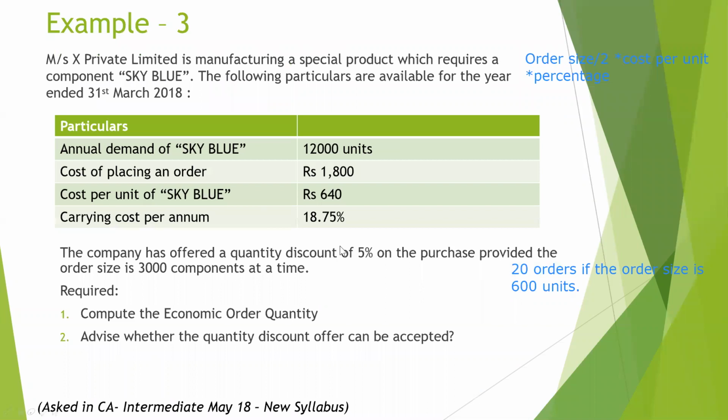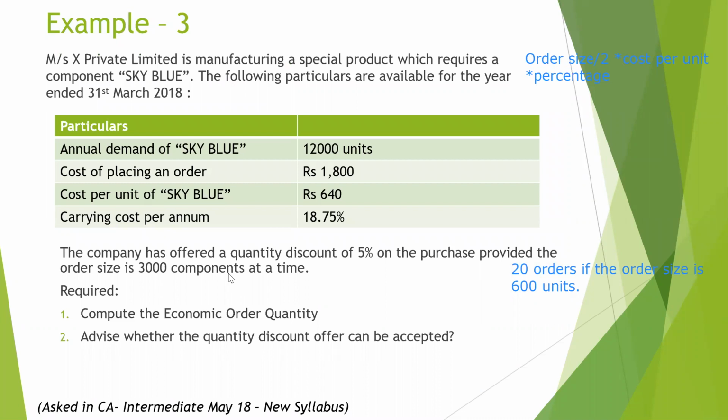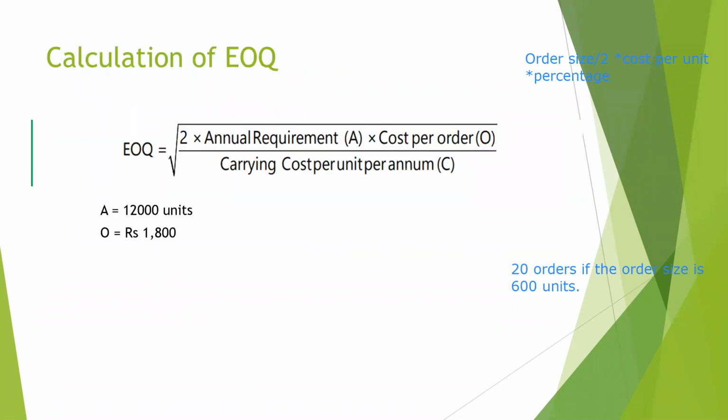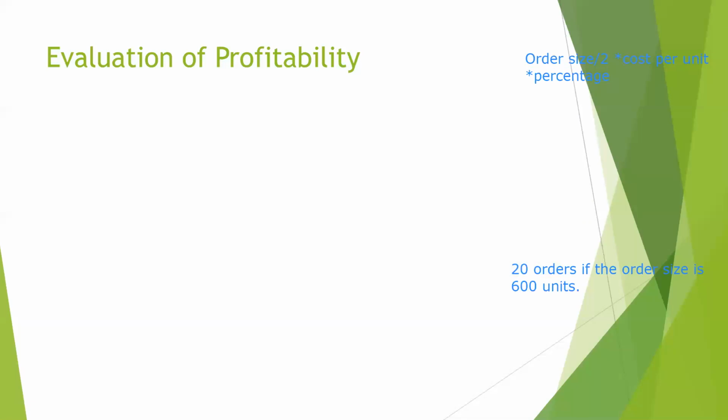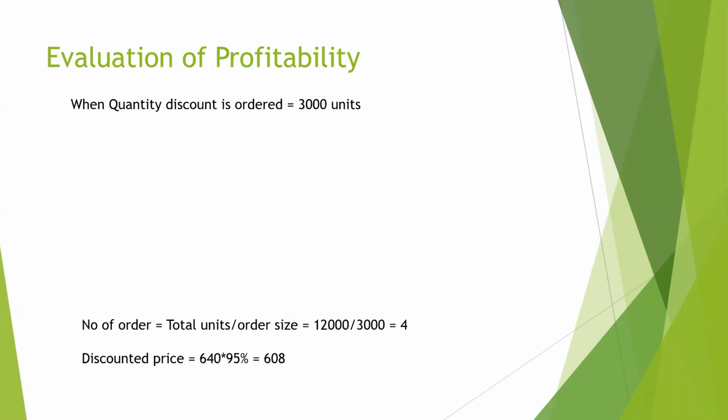If we avail the quantity discount of 5%, then we'll have to place an order of 3,000 components each time. Therefore, where quantity discount is availed and 3,000 units are ordered, number of orders will be 12,000 by 3,000, that is 4, which is 16 orders less than had we ordered the EOQ quantity.